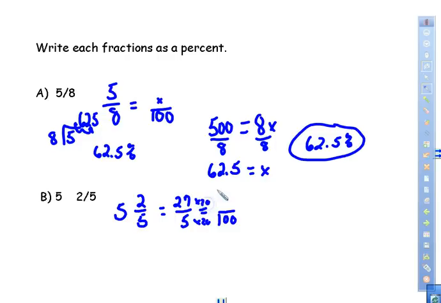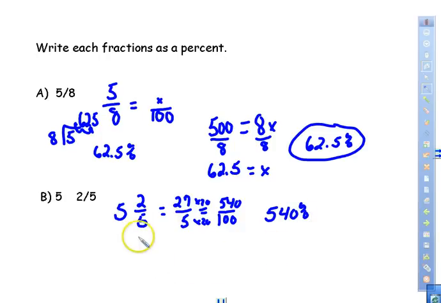So we multiply this by 20, and 27 times 20 is then going to give me 540. And since it's over 100, it would be 540%.